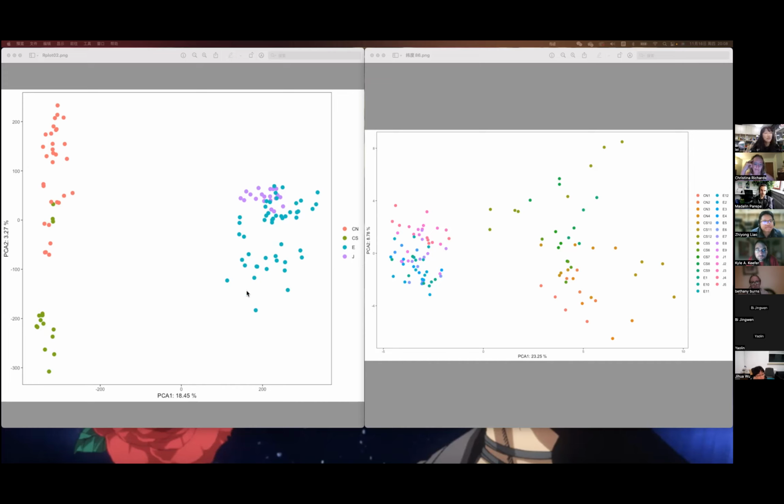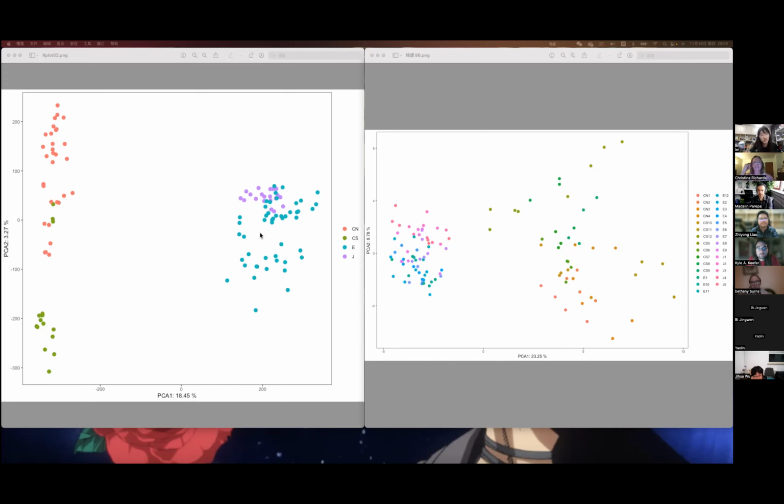This is a transcriptome analysis. I think the Japanese and the European individuals are more similar, but the Chinese are different from these two.